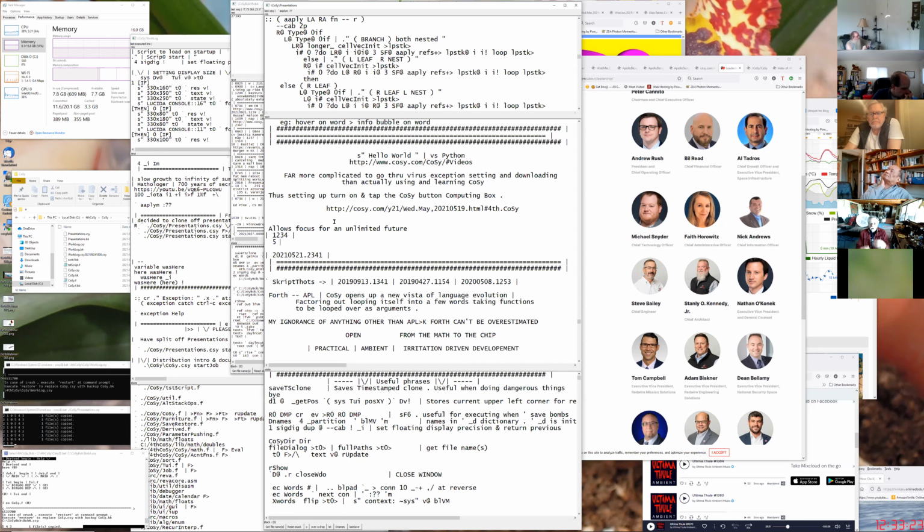But I want Unicode. I want something directly competitive with what Python has with the Jupyter Notebook, but one that is more interactive, more about actually working things through.